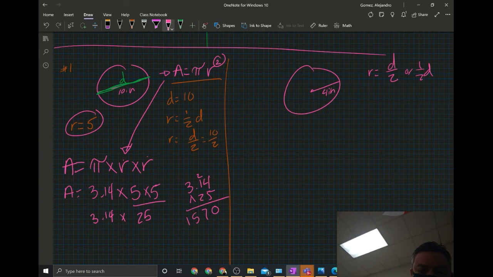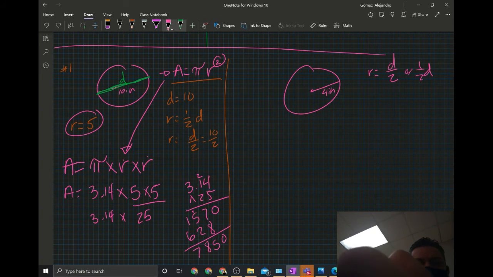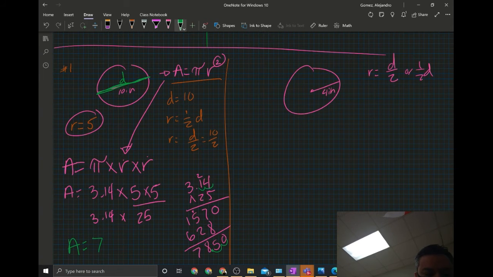And then 2 times 4 is 8, 2 times 1 is 2, 2 times 3 is 6. Add it together, and you get 7850. However, you got 2 decimal places right here, 1, 2. So the area for this is going to be 78.50 inches squared.